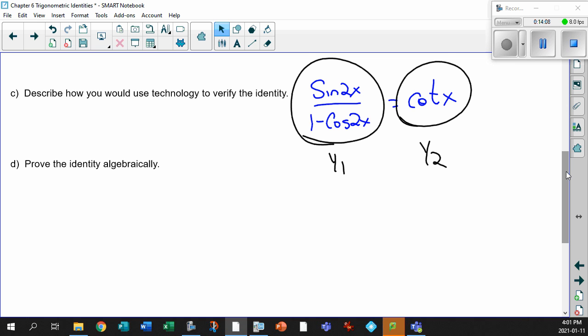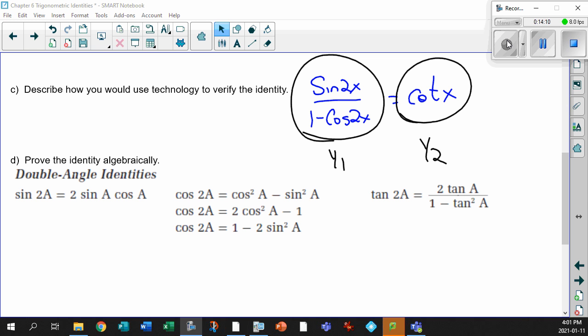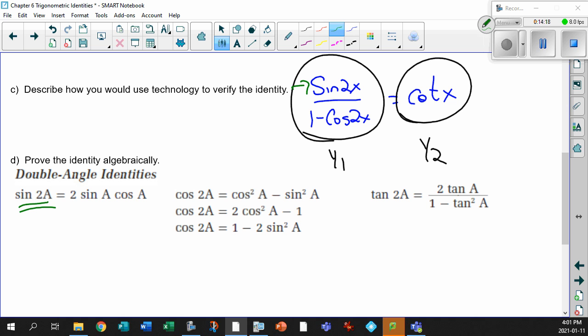Oh no, oh yes, that's where the mess comes in. Okay, so I need my identities, of course. Here is sine 2x. It's the only one you've got for sine 2x. So real simple, for sine 2x, you're going to go 2 sine A cos A. And then this is 1 minus cos 2x.